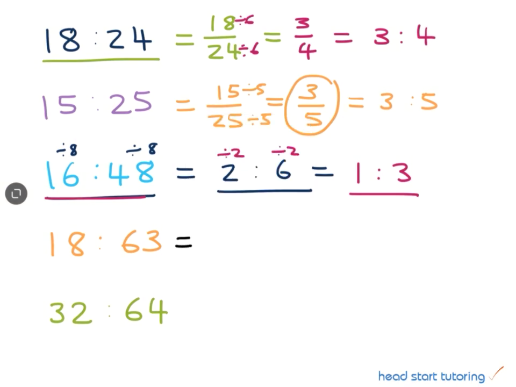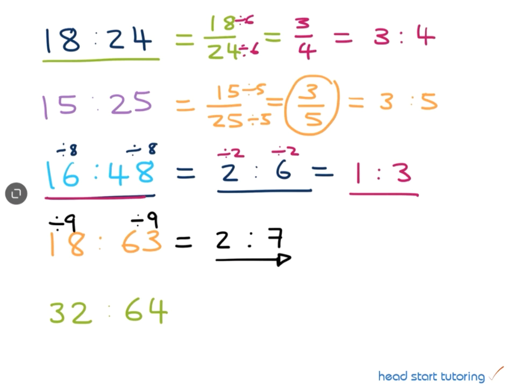If we would like to simplify 18 to 63, we again need to find a common factor. We can divide 18 and 63 by 9 to get 18 divided by 9 is 2, and 63 divided by 9 is 7. And you cannot simplify that ratio anymore.